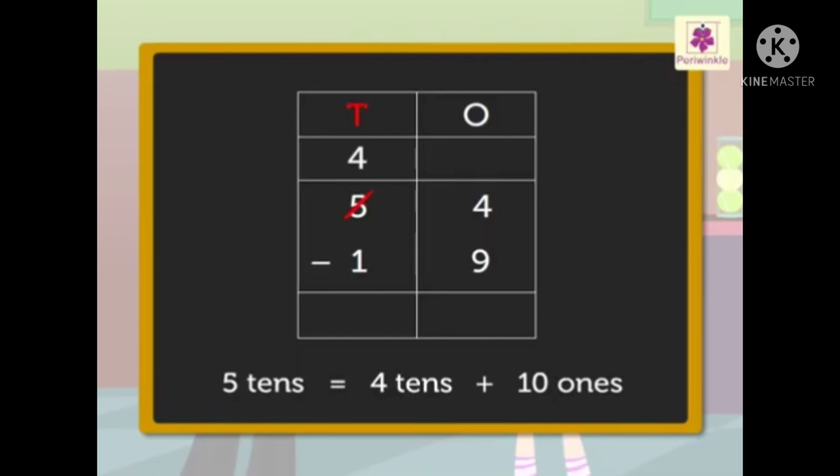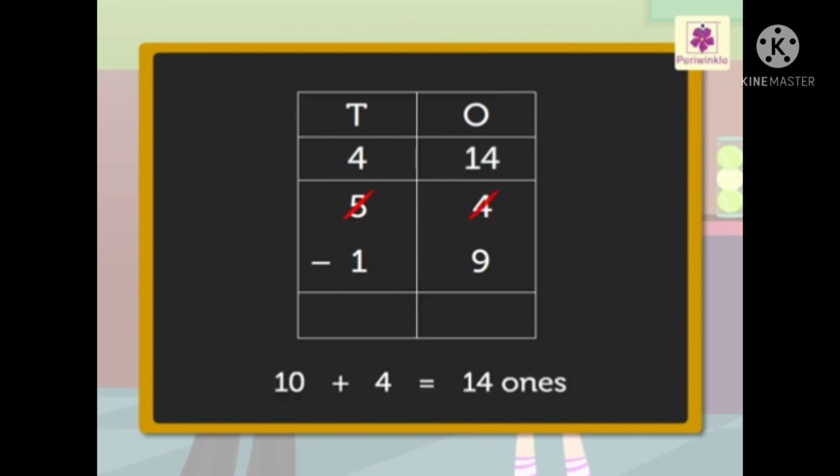Write 4 in the tens column. Add 10 plus 4 to get 14 ones. We write 14 in the ones column. Subtract 14 minus 9 equal to 5 ones. Write 5 in the ones column.